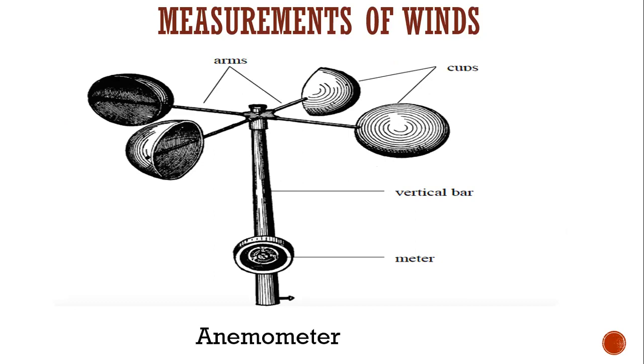As you can see, it has various parts: the caps, the arms, the vertical bar, and a meter. If the wind blows, these caps rotate, and in the rotation they indicate a reading in the meter that shows the speed of wind.